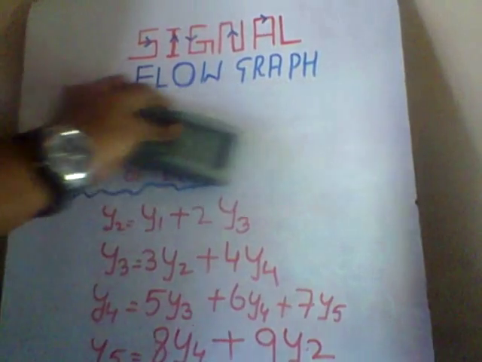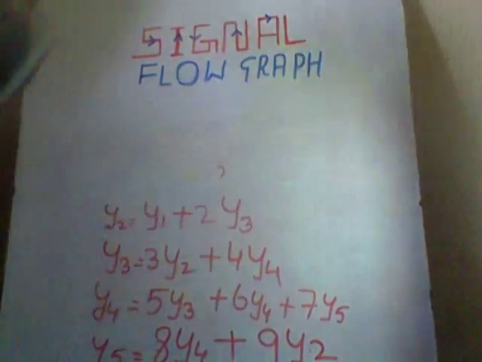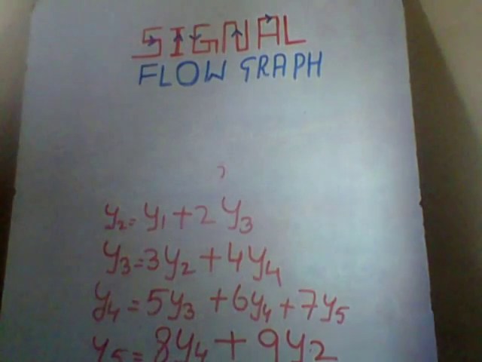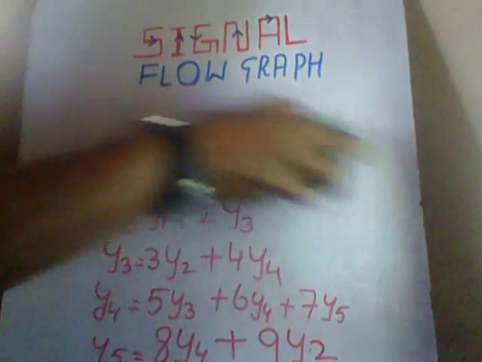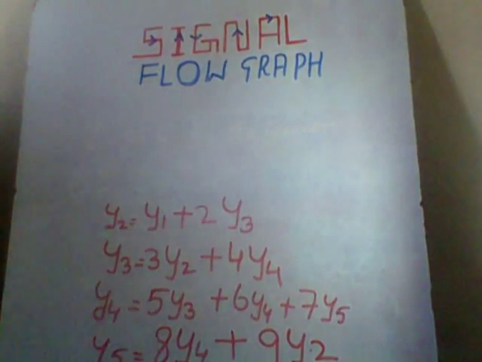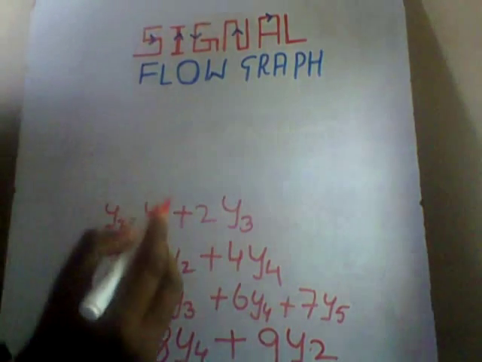So now, let us draw the signal flow graph. Let me draw it on the top of this. First of all, as I said earlier, try to start with inputs. See what the inputs are.